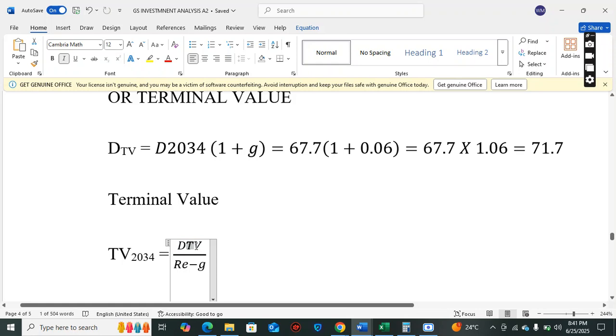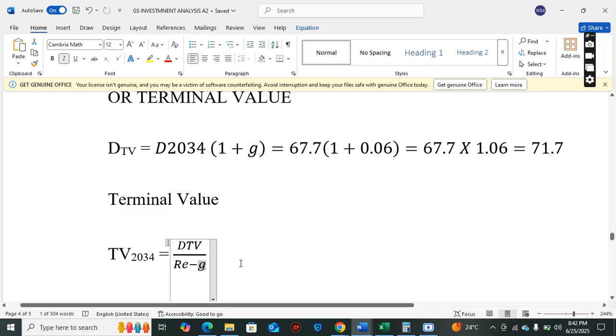In books you won't find it as DTV, but here I just put it as DTV so that you know that this is the expected dividend. The numerator is the expected dividend, obtained the way we got the expected dividends earlier. RE or KE just represents the required rate of return. This is the minimum return that the shareholder wants, which from the business side is the cost of equity. Then G is the growth rate.